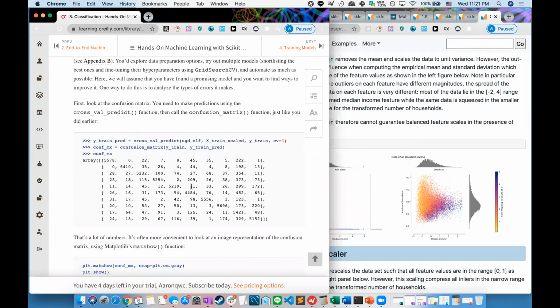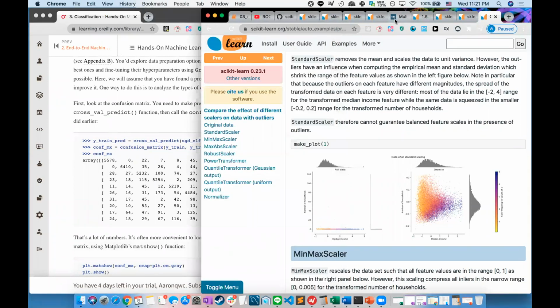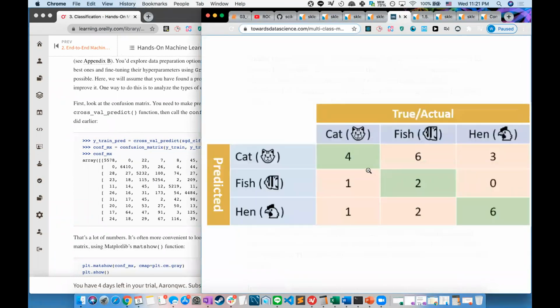This doesn't have labels, but if you want to get an intuition of what's going on with multiple classes, you have the predicted labels here and the true actual labels on the top. What does it mean? It means that when you predict this to be a cat, and it's also actually a cat, we got 4 here.